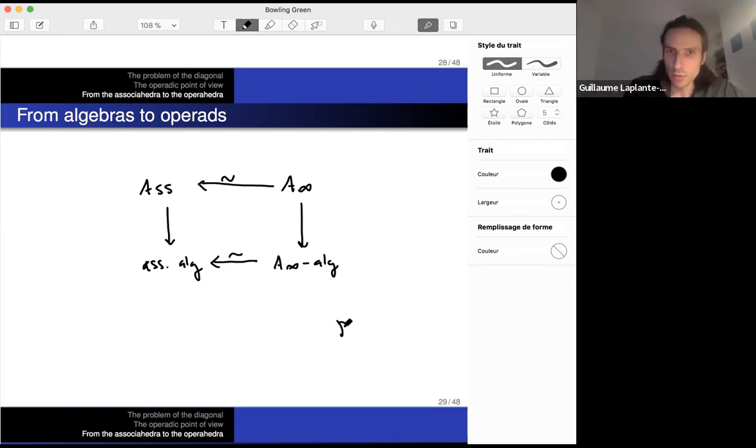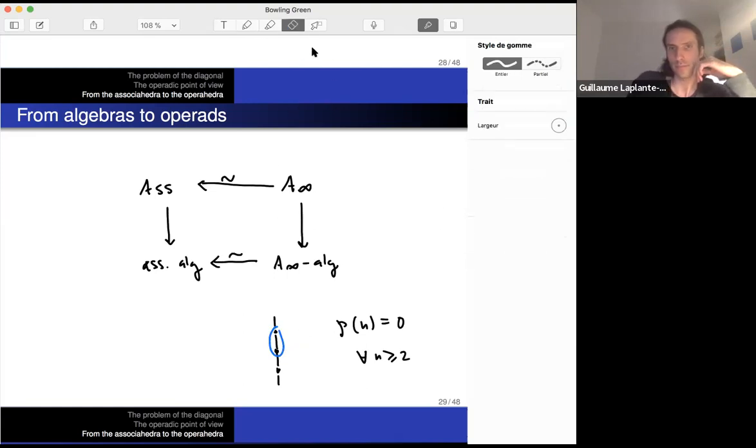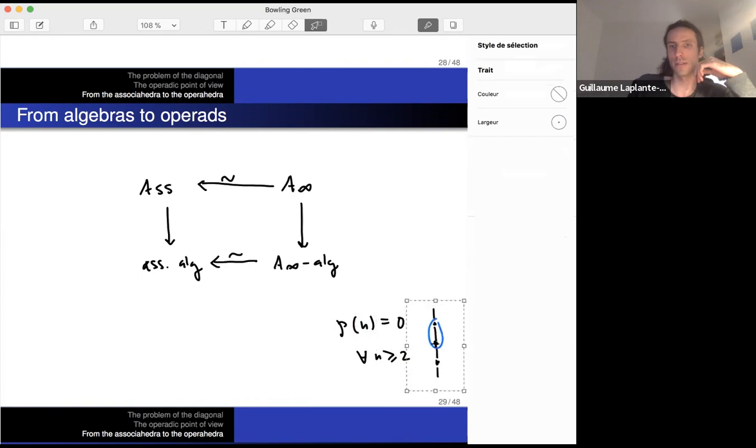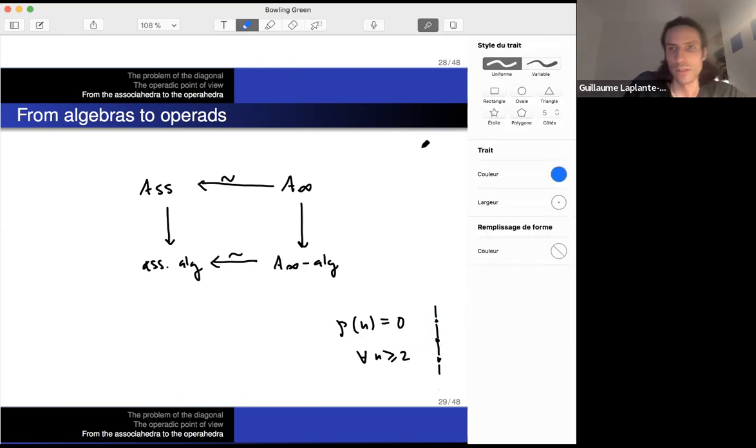So if you have an operad where all the P_n are 0 for n greater than or equal to 2, then if you look at the axioms, you will get only trees with one input and one output, and the axioms will be just saying that this composition is associative. So operads concentrated in arity 1 are just associative algebras. So now you have an arrow here going from associative algebras to operads.